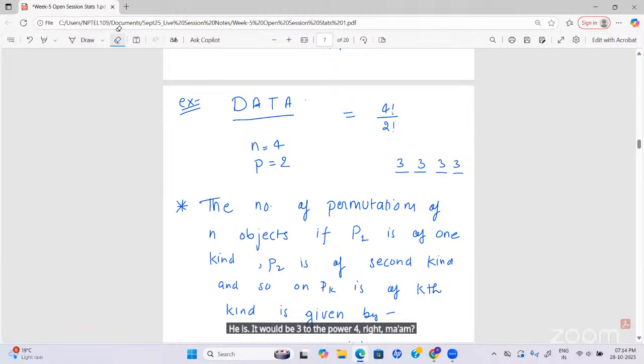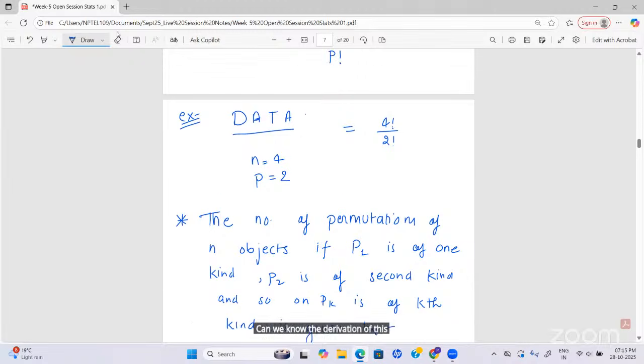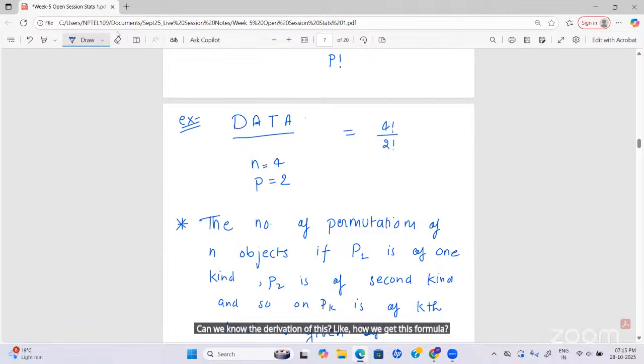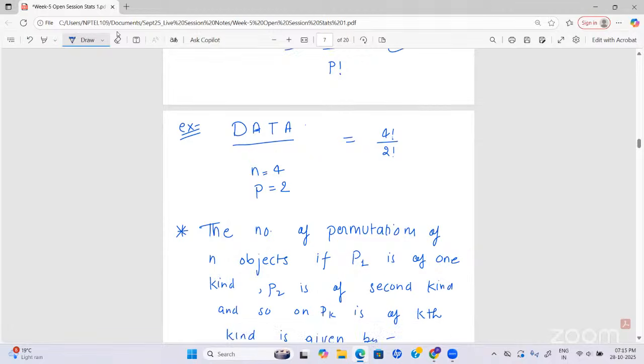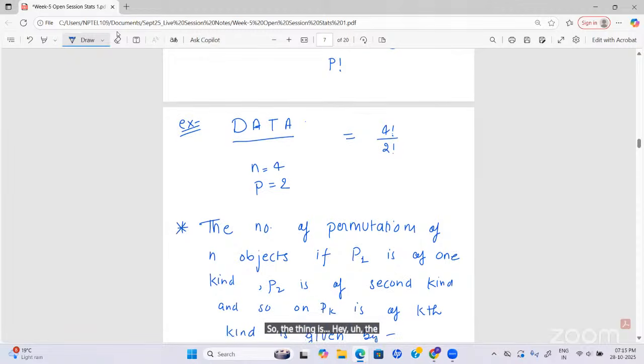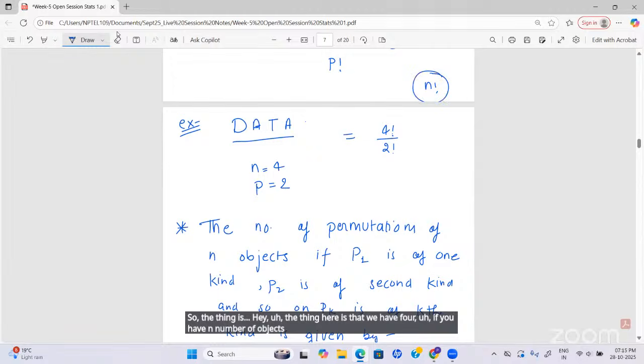Yes. Okay. And ma'am, how is this formula derived? Can we know the derivation of this? Like how we get this formula? So, the thing here is that if you have n number of objects, we can arrange them in n factorial ways.